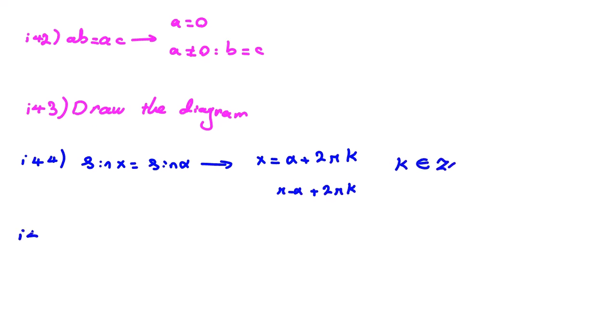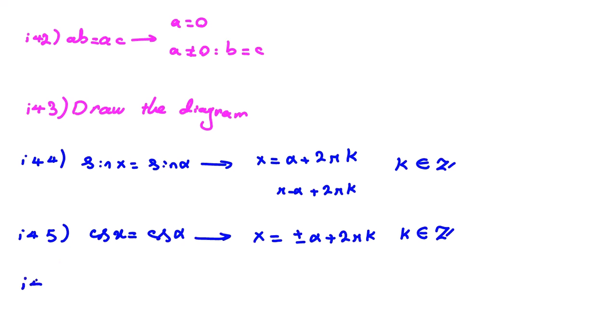Idea 45: if cosine x equals cosine alpha, then x equals alpha plus 2 pi k or negative alpha plus 2 pi k; you can write it as plus or minus alpha plus 2 pi k, where k is an integer.